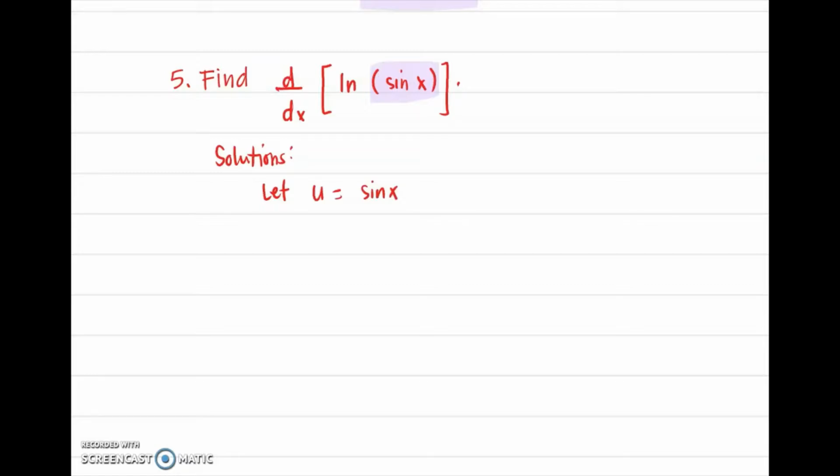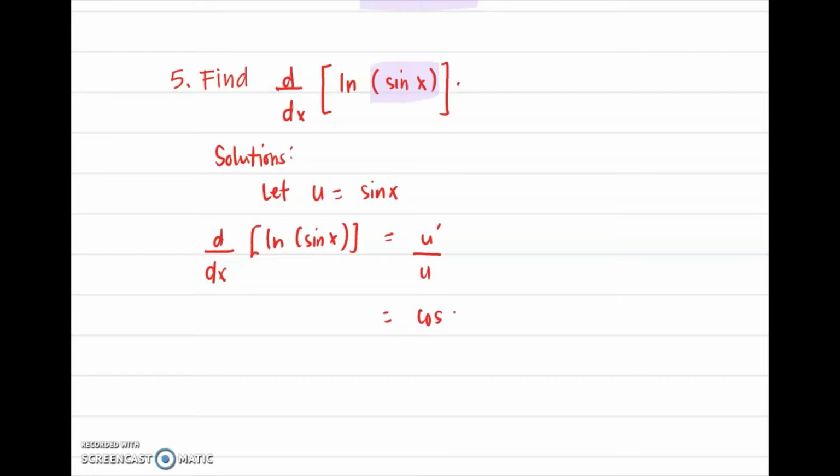Now you may take the derivative, so we have the derivative of the natural log of sine x is equal to u prime over u. We know that the derivative of sine x is cosine x.